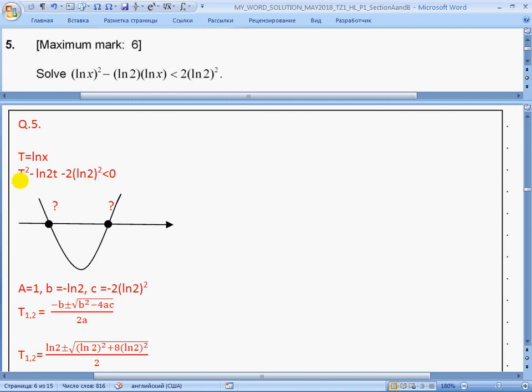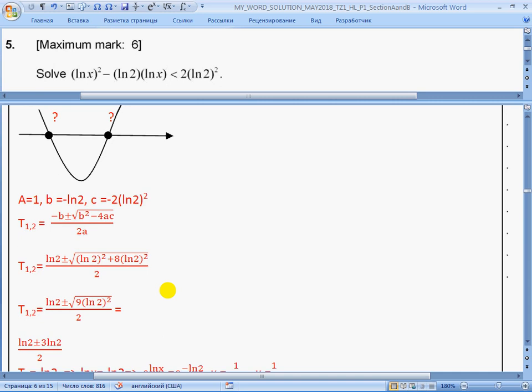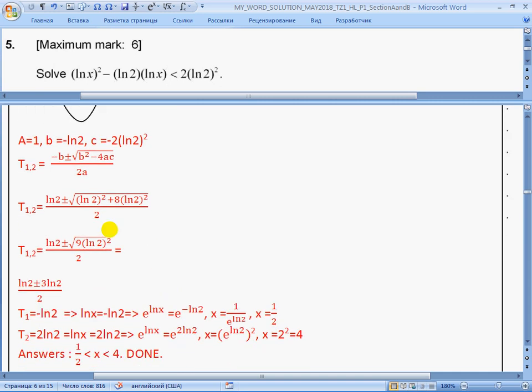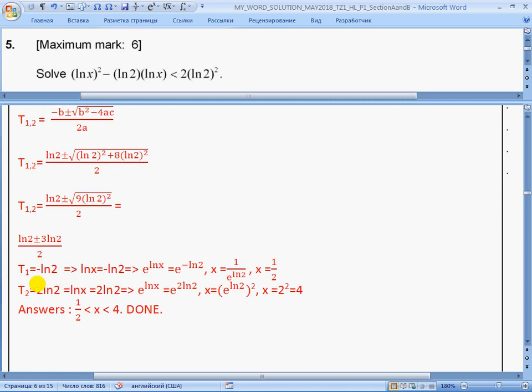So a is 1, b is minus logarithm 2, c is minus 2 logarithm 2 squared. We use the standard formula for quadratics to find the roots of the quadratic equation, accurately substitute, and we get two solutions. For example, the first solution is minus logarithm 2. So we have a logarithm.